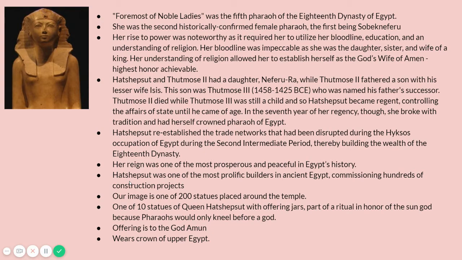Okay. Back to our image though. The statue is just one of over 200 statues that were placed around a temple. So there were lots of these statues. And out of all of these statues of Hatshepsut, 10 of them were just like the one in our image, where she's holding these jars.